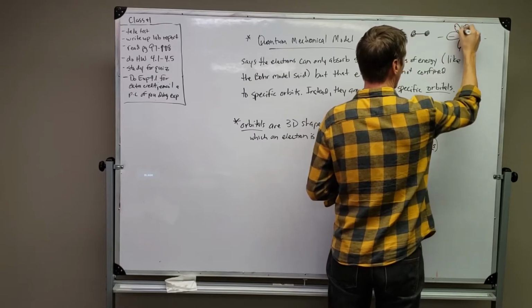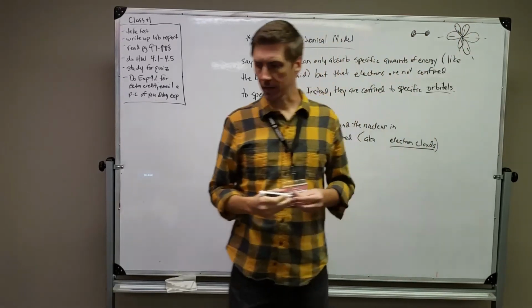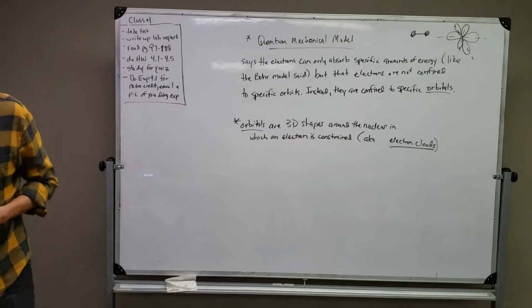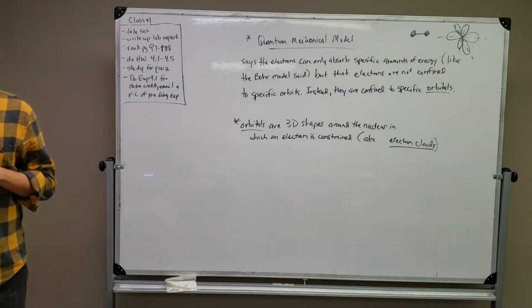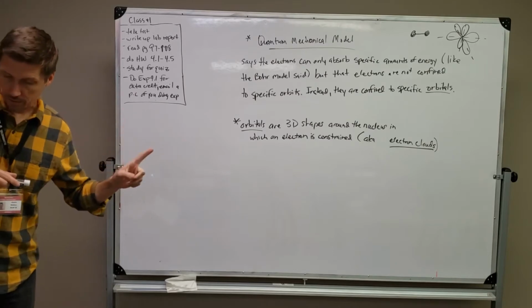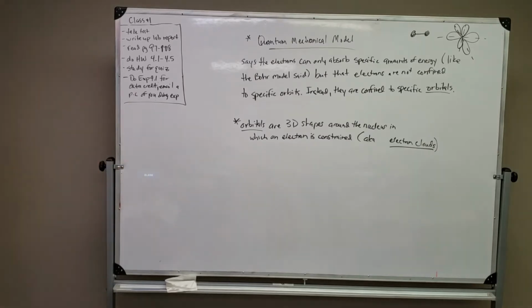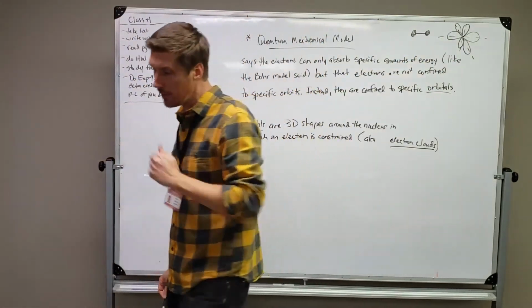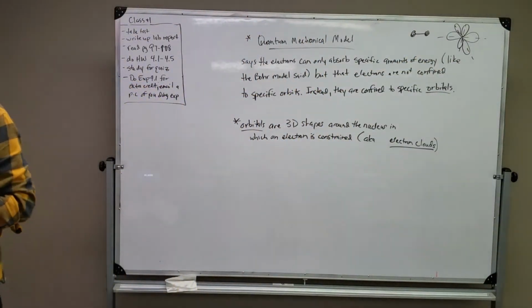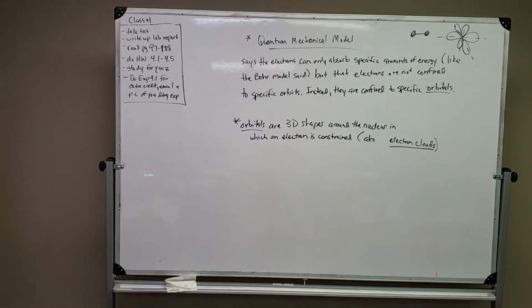So you've got another dumbbell shape that comes out like that. They do a much better job of representing that on page 102 in the book. But the point is, with s orbitals, there's 1 spherical orbital. With the p orbitals, there are 3 dumbbell-shaped orbitals. And with the d orbitals, there's a total of 5 orbitals that have those more complex shapes.